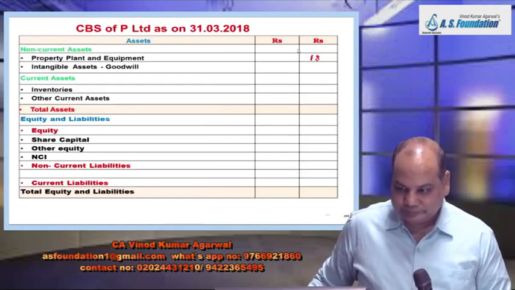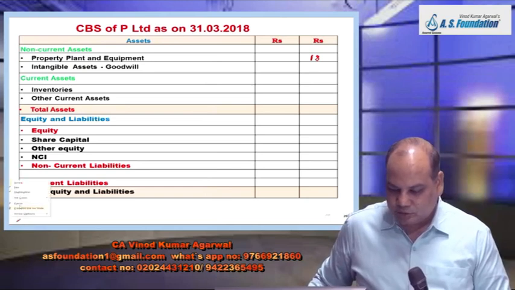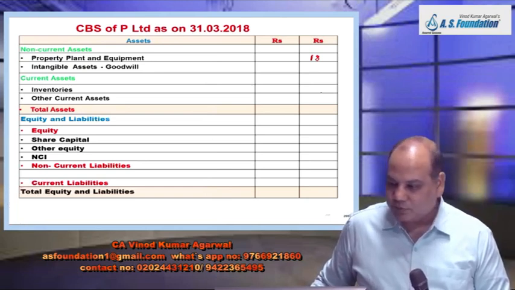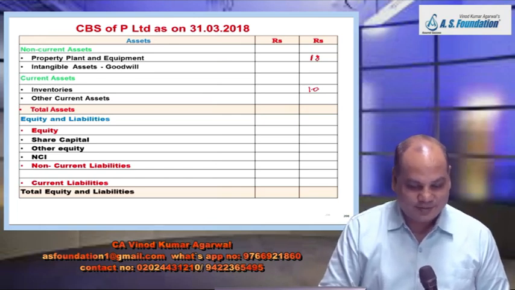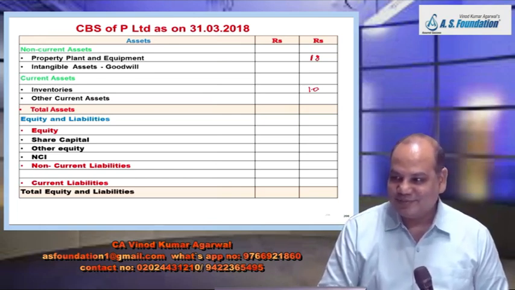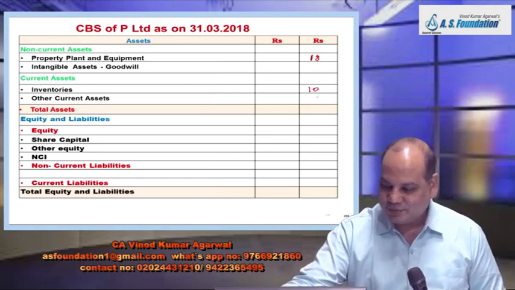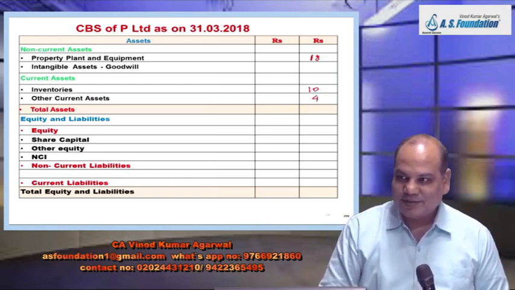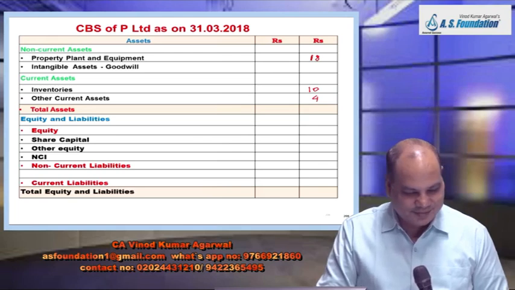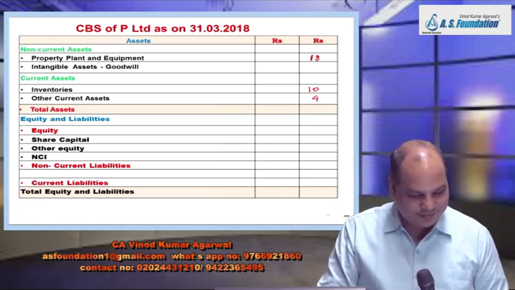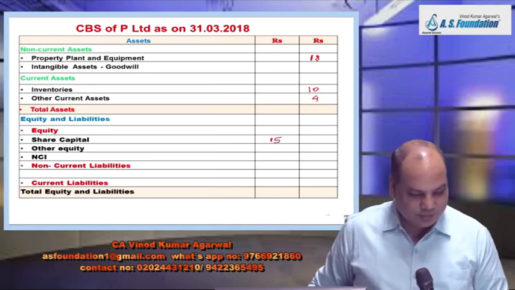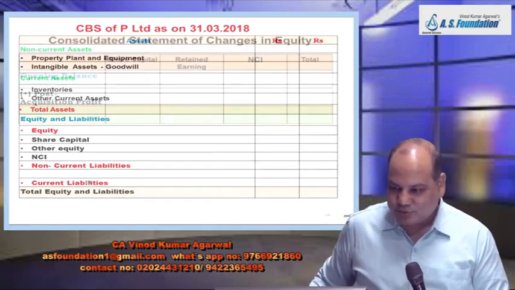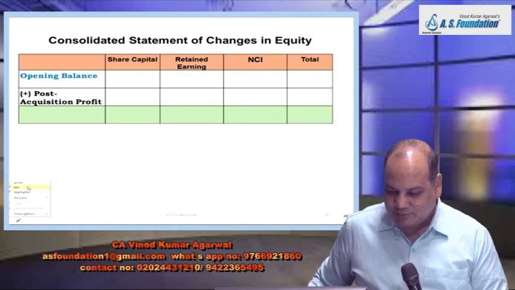Inventory. Take total. 6 plus 4. Very good. Other current asset. 2 plus 2. 5. 4. Okay. Share capital. 15 right here. And come to SOCIE share capital.